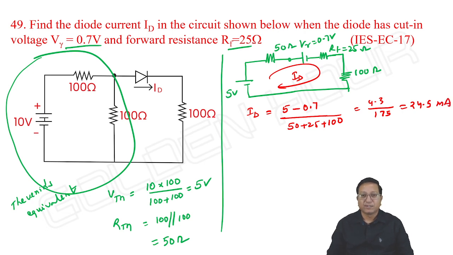That's it. This is how we can find the current through the network. Or we can use nodal analysis. If I assume this voltage as Vx, by taking the node equation, KCL at node X, we can find Vx. Once you know Vx, then ID is equal to Vx minus 0.7 by 125. Not required. Let us go with the easiest way.